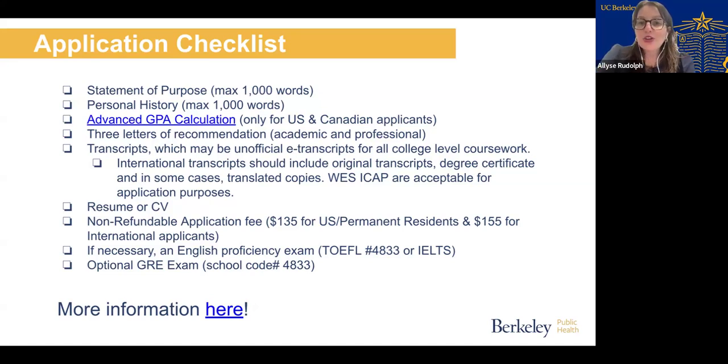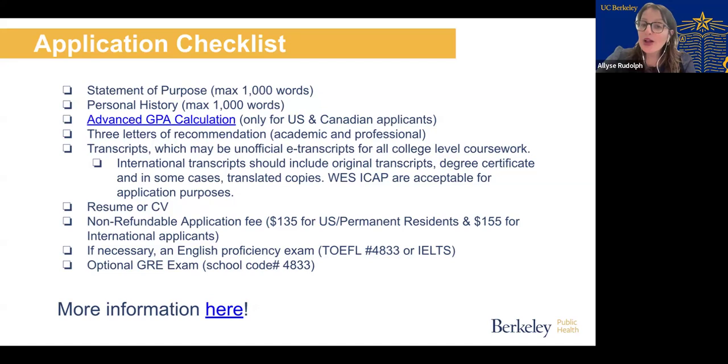The next thing we're looking for is 3 letters of recommendation. These do need to be from academic or professional sources. We need to see transcripts from every institution you've attended. So if you did classes at a community college, if you transferred schools, if you studied abroad, whatever the scenario is, we do need to see transcripts from every institution that you took classes at. We need to see your resume or CV.